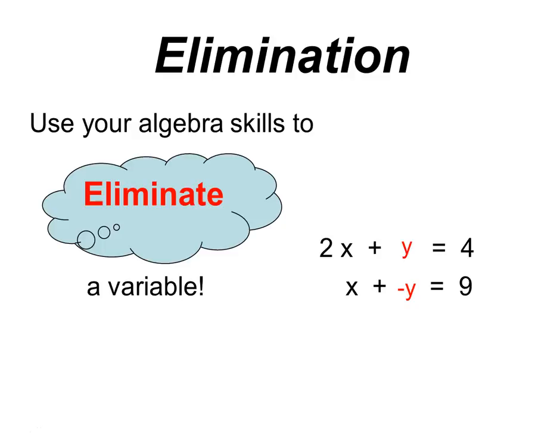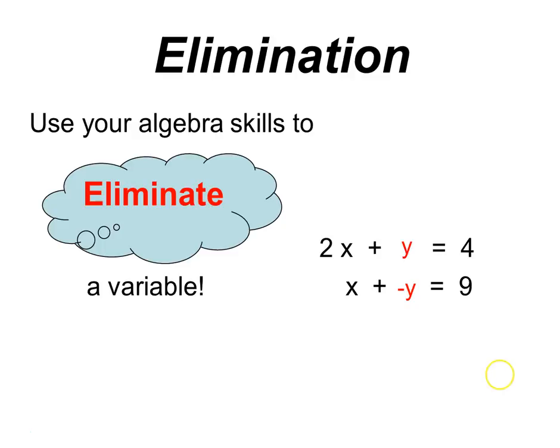The second method is elimination. Well, gee, I wonder why we're calling it elimination. Oh yeah, we want to eliminate a variable. We want one of the variables to go away so that we can deal with the other one. We'll look at what we have here: 2x + y = 4, x + (-y) = 9.